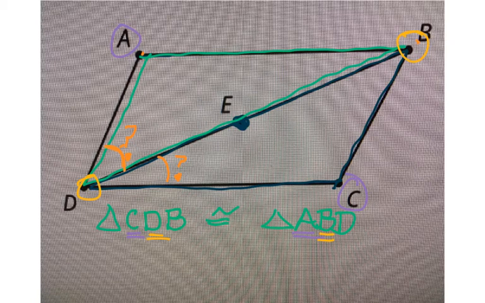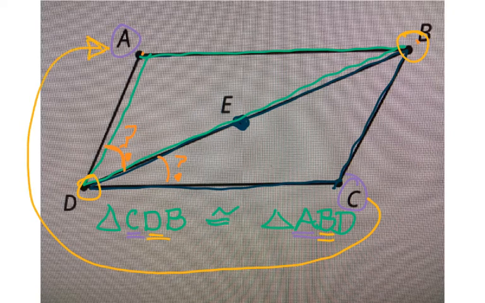And what else? B and D. Well, because remember that they share a common side. So there are my two triangles. Now I want you to think about this. C mapped to A when I rotated it.